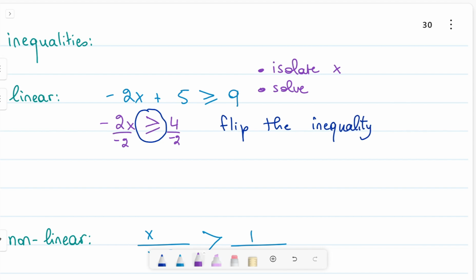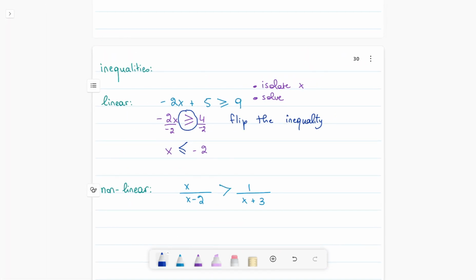In other words, first of all, negative 2x divided by negative 2, we get an x. And on the right side, 4 divided by negative 2 is negative 2. But our inequality is no longer like that. It's the opposite way around. So now x is less than or equal to negative 2.